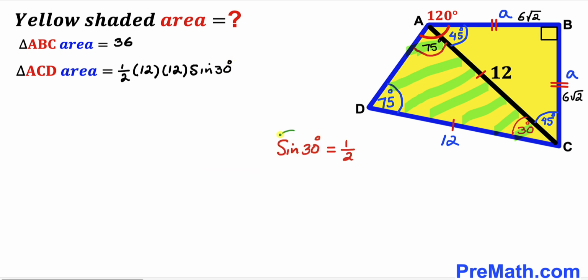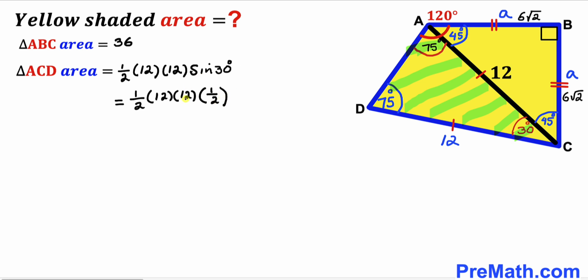And now we know that sine of 30 degrees is always equal to 1 divided by 2. So therefore I'm going to replace that value with 1 divided by 2 over here. So therefore this whole thing could be written as 1 divided by 2 times 12 times 12 times 1 divided by 2.